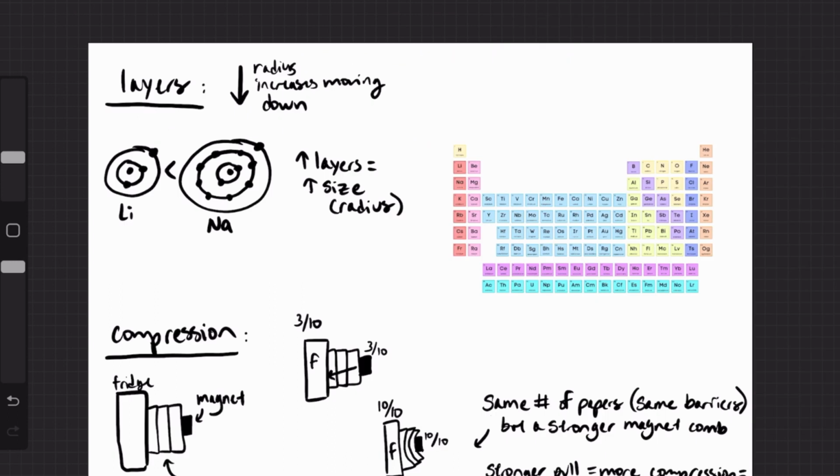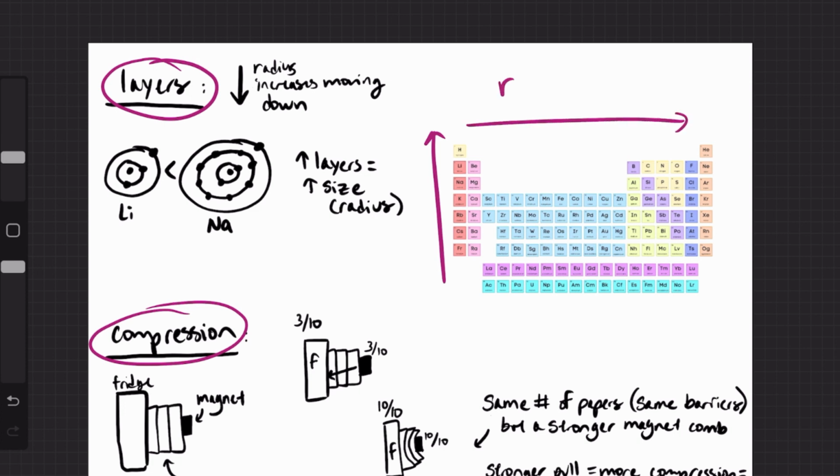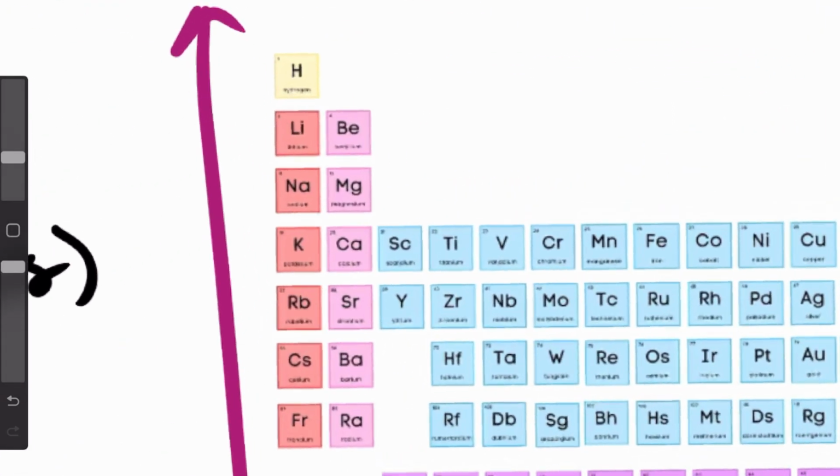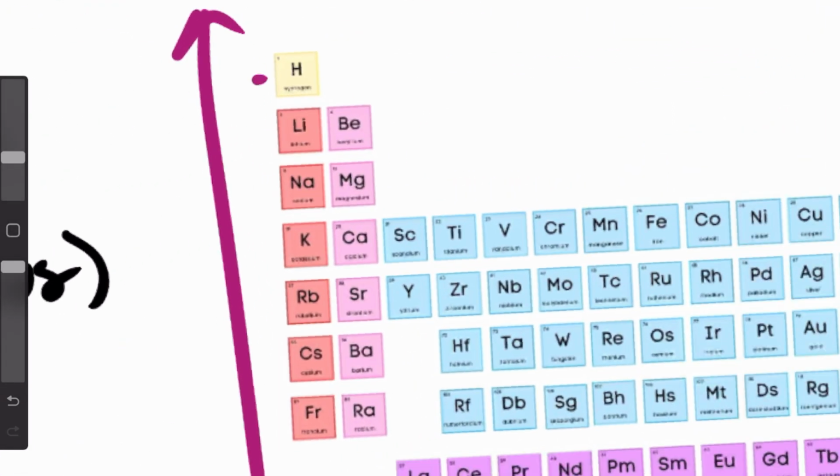The two things that affect the size of the atom are going to be your layers and any compression. Like we said, it decreases going up and to the right. We know that the radius increases moving down because with each step down a column of the periodic table, you have another layer of electrons.